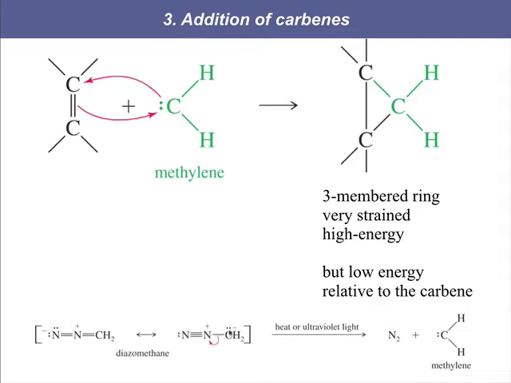That N plus CH2 minus bond is very weak, and it can absorb a little bit of ultraviolet light or thermal energy, and that bond will break. N2 will leave, it'll fall off and bubble away, and we'll be left with methylene. So we can make a cyclopropane ring from an alkene by using diazomethane.